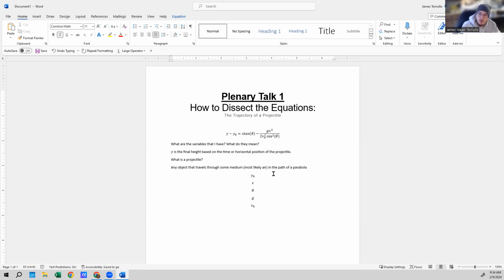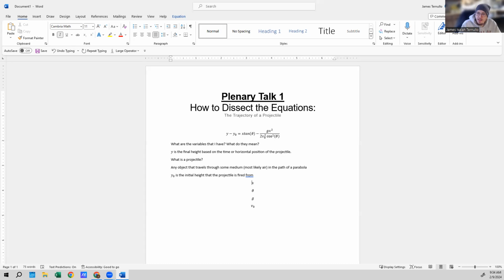So now we want to understand what y naught is. Y naught is the initial height that the projectile is fired from. Okay, so that's fairly self-explanatory. We're usually given this, and we can usually make this 0, but sometimes it's a different number.